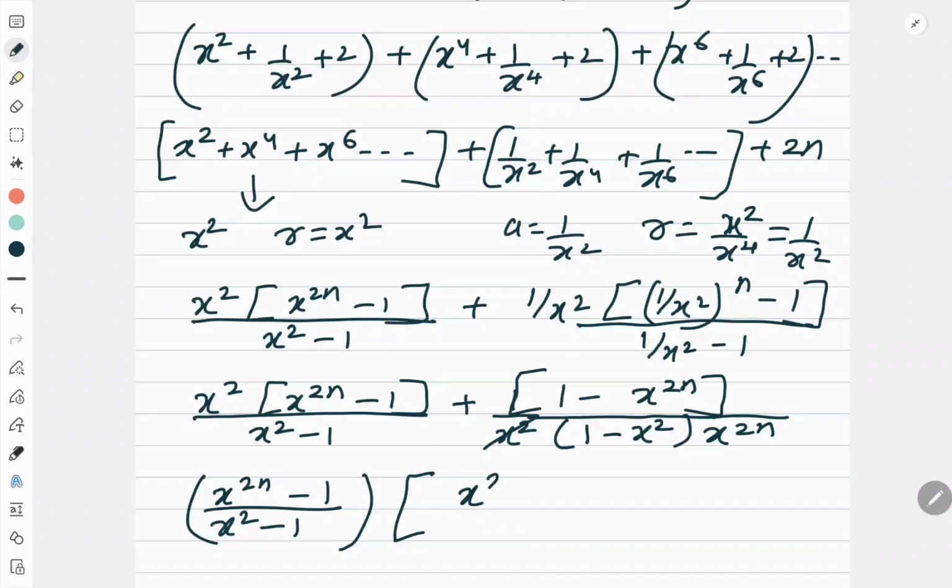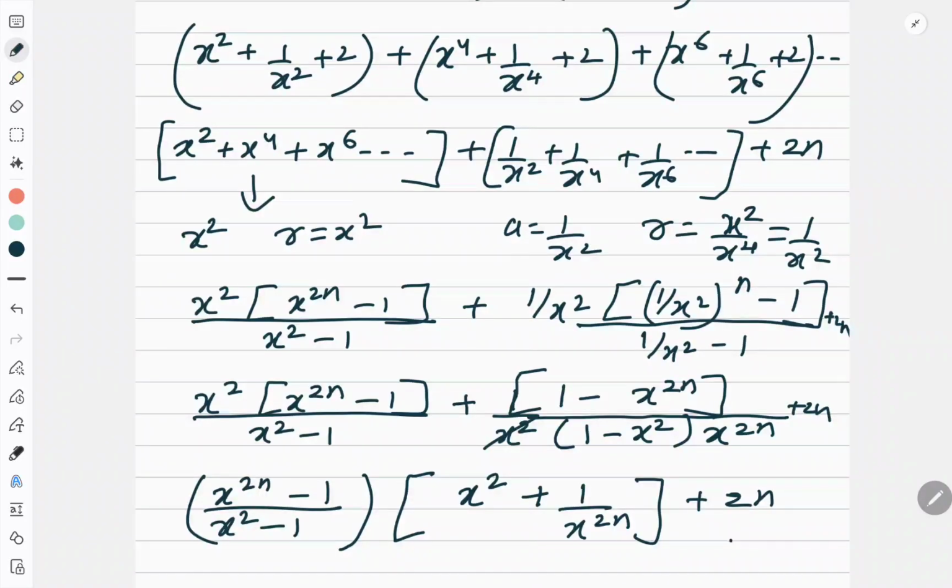In the first bracket, x square is left and in the second bracket just order is different. And down also it is x square minus 1, so it is plus only. This is gone, so 1 upon x to the power 2n, and plus 1, this 2n was together, which I have left here.